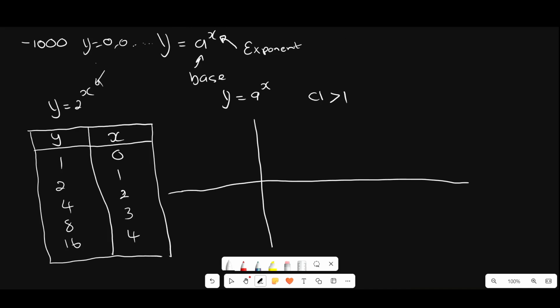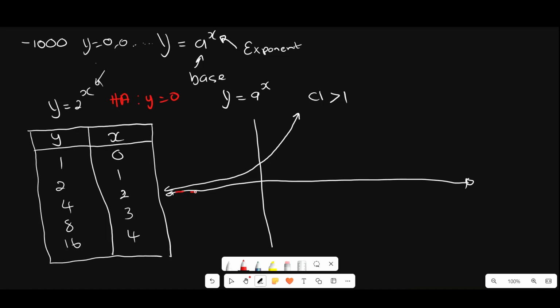You'll get a number that is very close to 0. Meaning my graph comes from this side here, very close to 0, and then it accumulates to the upside. And here we have a horizontal asymptote, which is y is equal to 0.